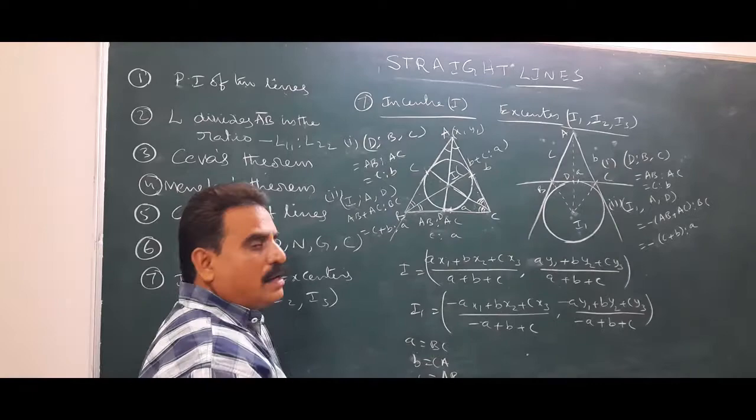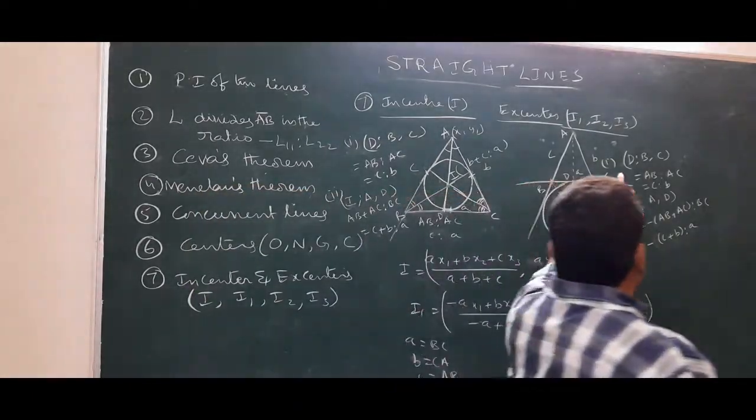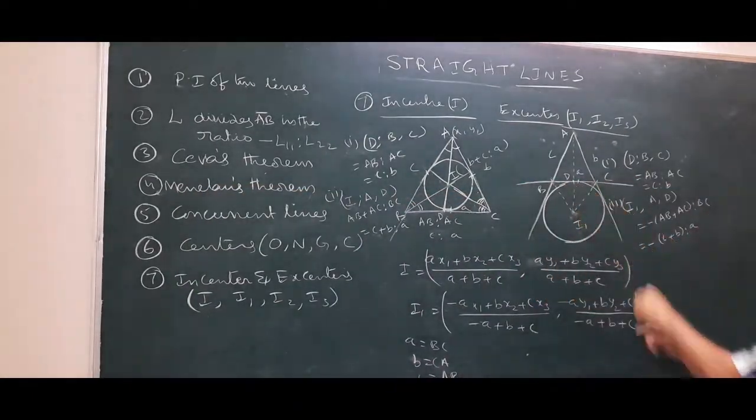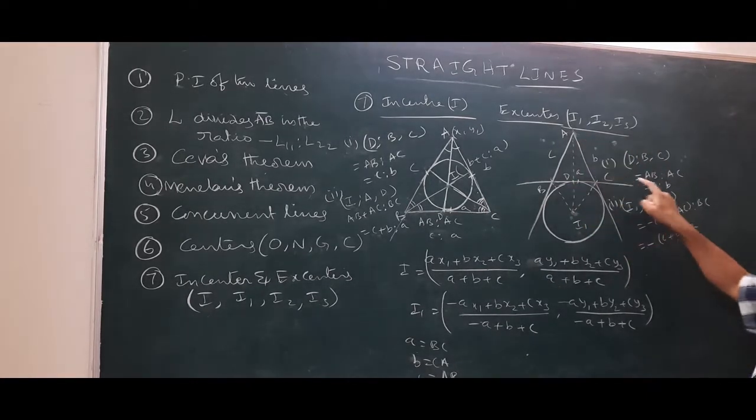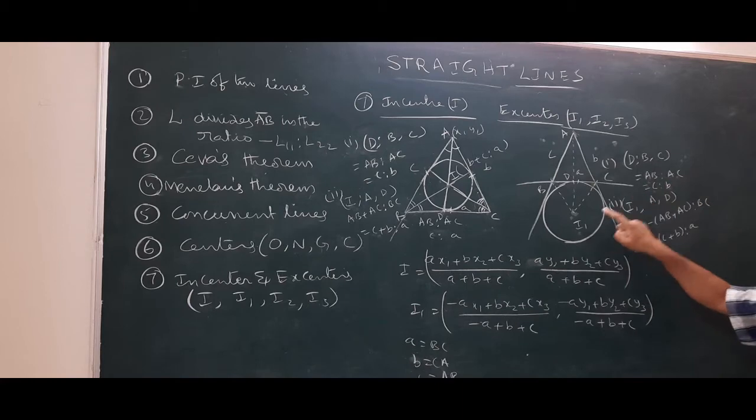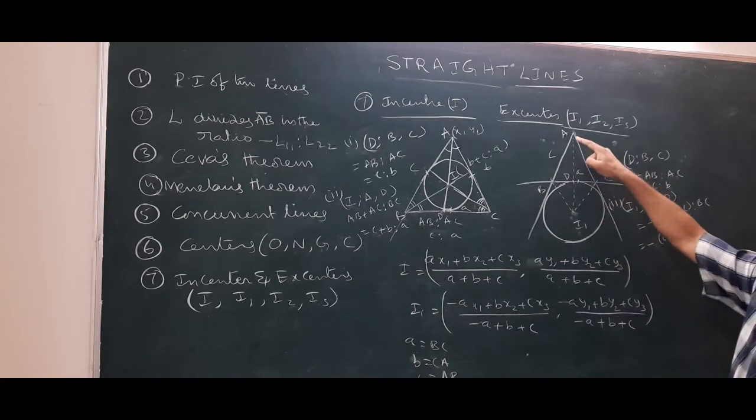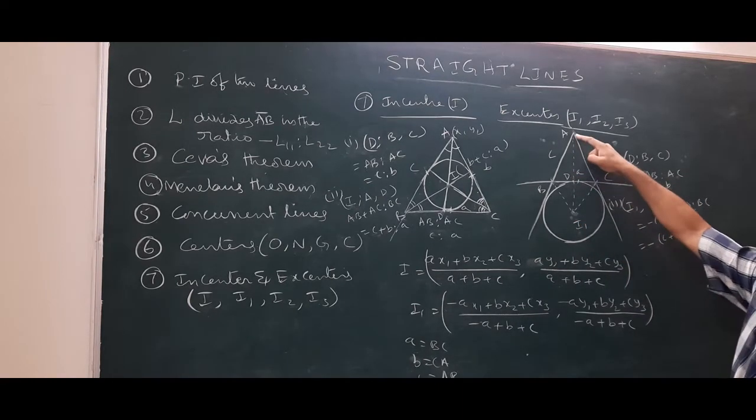In the same way for the excenter: D is the same, D divides BC in the ratio AB is to AC, c is to b. Next, I1 is an exterior point to AD.